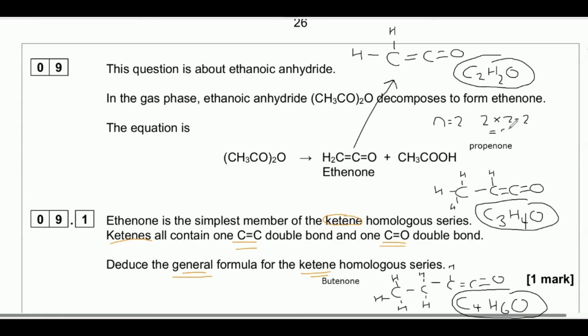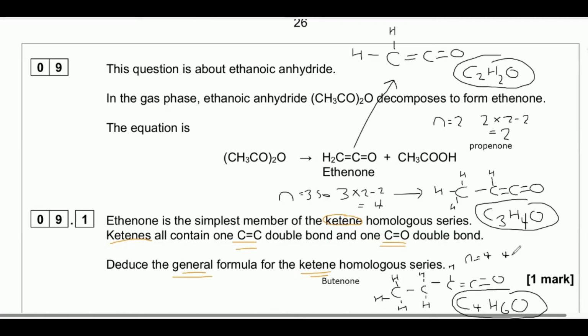If we look at this first one, if n is 2, we go times 2, minus 2, which equals 2. So 2 carbons, 2 hydrogens. On this second one, propenone, when n is 3, we go times 2 is 6, minus 2 is 4. And that works out with our formula as well.